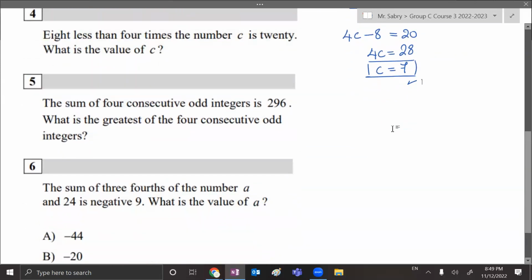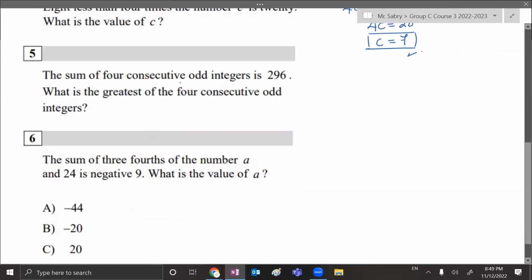Number 5 is when it starts to get a tiny bit harder. They say here the sum of 4 consecutive odd integers is whatsoever. So consecutive means after each other. In other words, or better words for that would mean numbers that have the same difference between them.